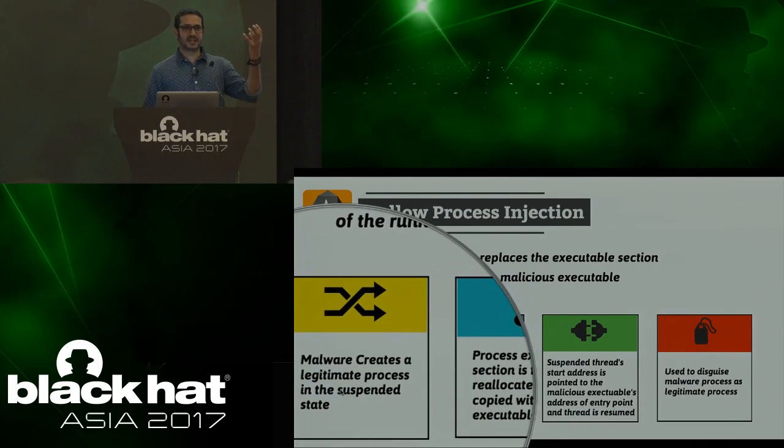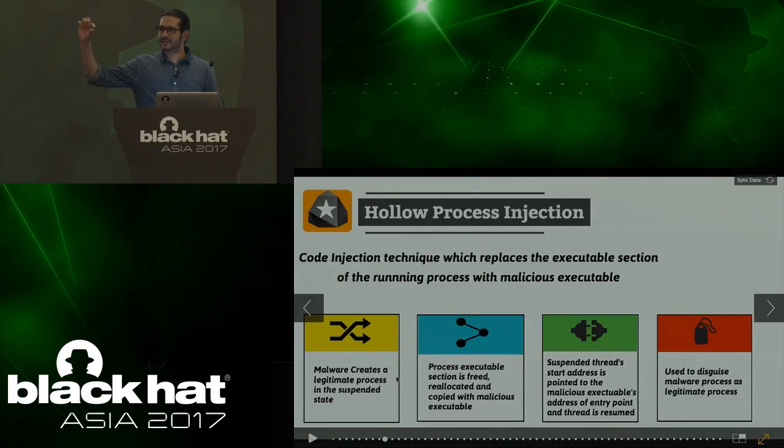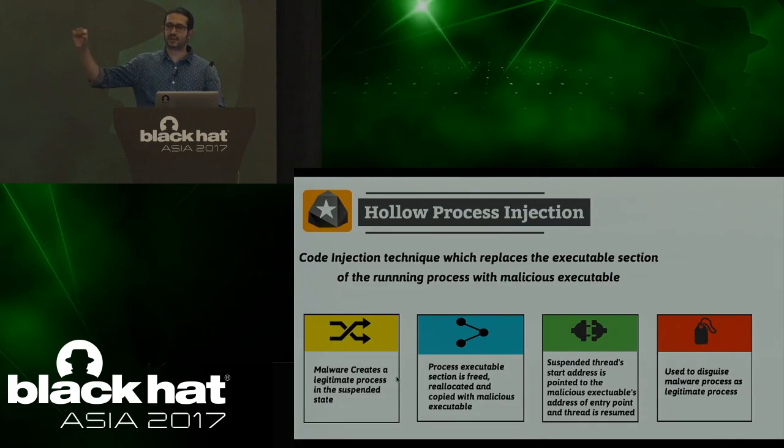There is a malware process which creates a legitimate process in the suspended mode. It's suspended, but still this executable is loaded into the memory. The executable section is loaded into the memory. Then this legitimate process's executable section is deallocated, new memory is allocated, and the malicious executable is injected into the executable section of the legitimate process, and then the thread is made to point to the injected executable and resumed.